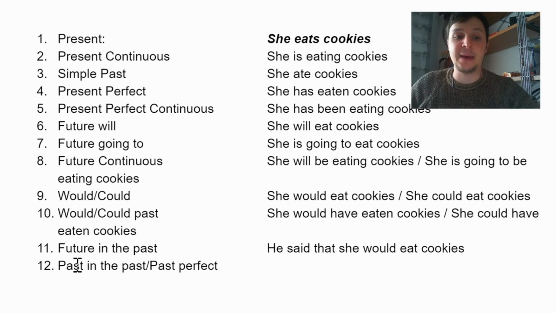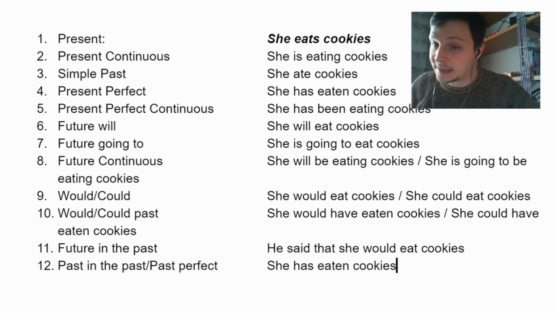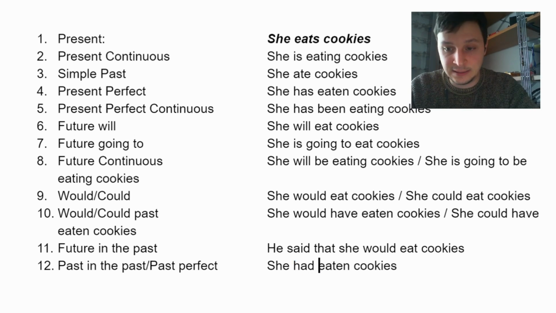And last, past in the past, also known as past perfect, very similar to present perfect. So let's actually take this sentence. She has eaten cookies. Same exact tense. The only thing that changes is this word. Has becomes had. Has present, had past.